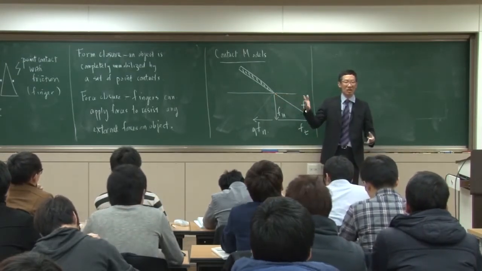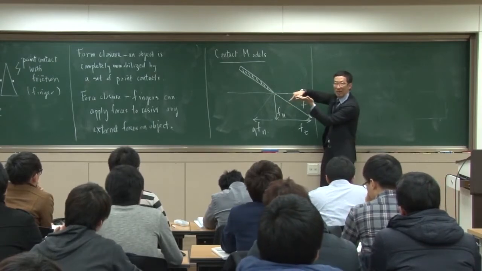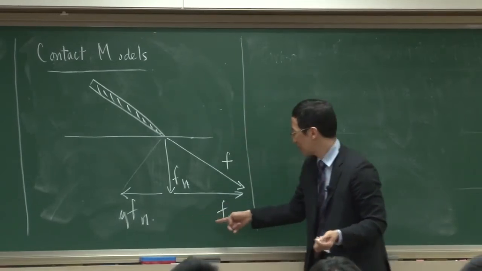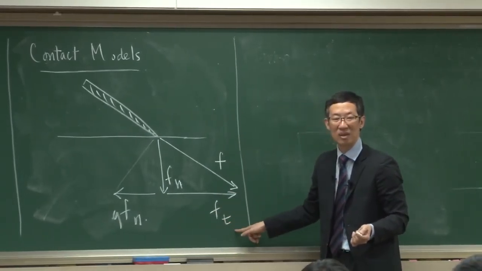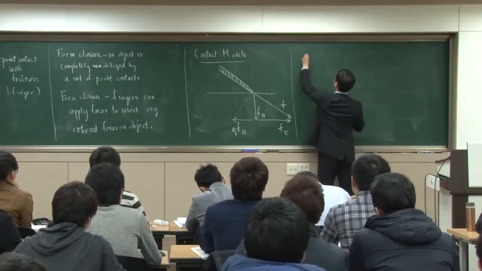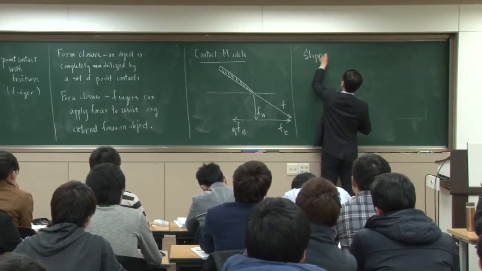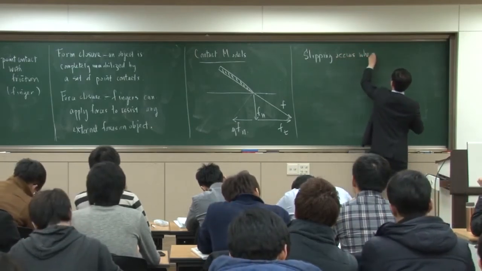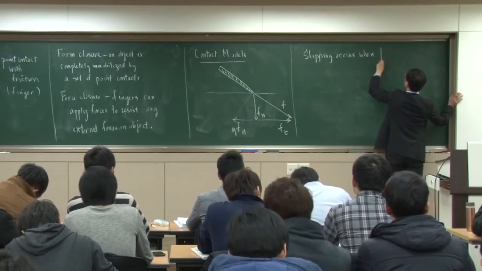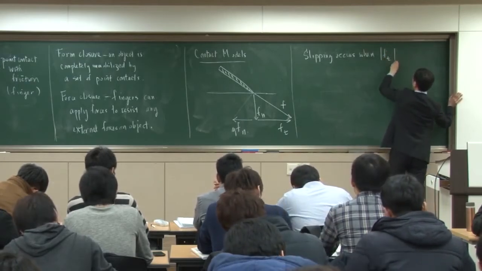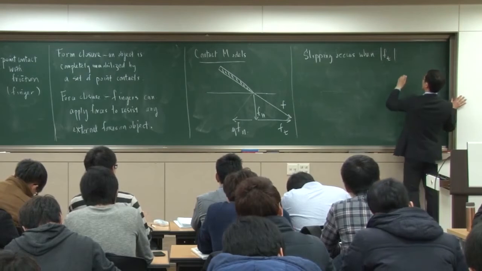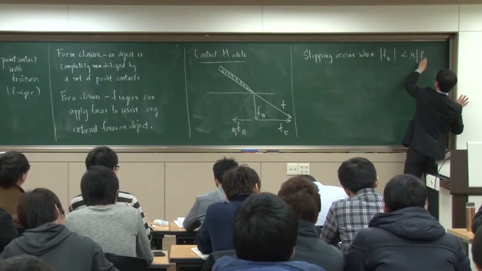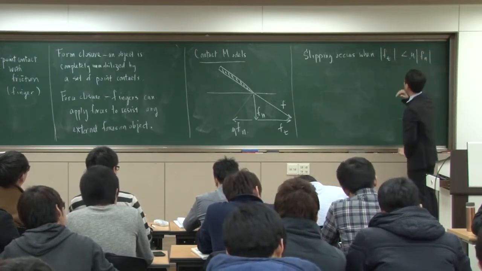When does slip occur? When do we have sliding? Sliding occurs if the tangential force is bigger than the friction force, so slipping occurs when the tangential component Ft is greater than mu times Fn, the normal force.